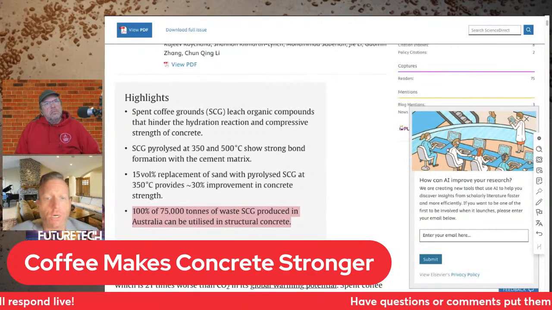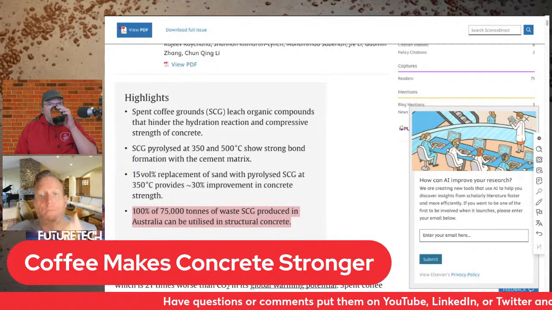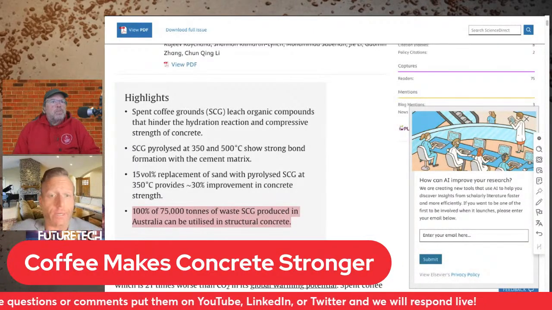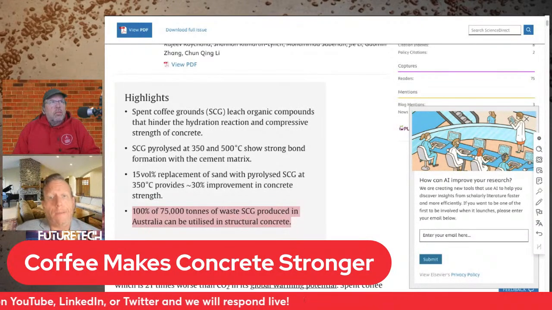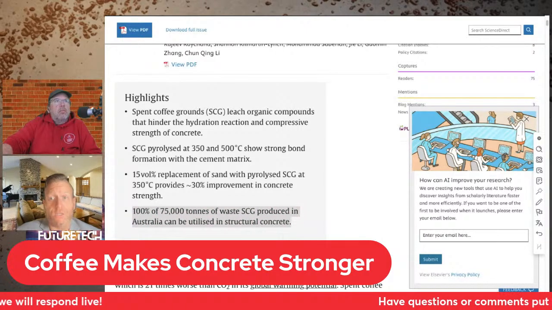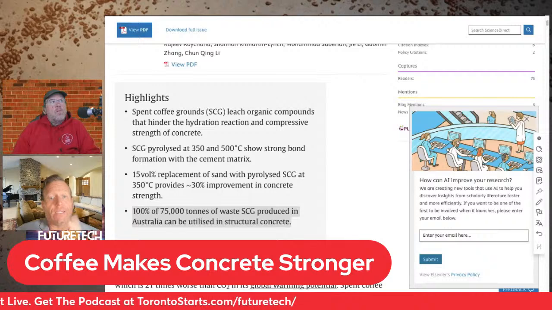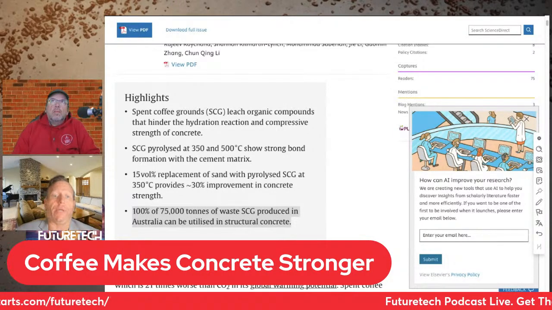And the biochar also acts as a filler material that can reduce the porosity and voids within the concrete itself. Now, we're not talking self-healing, we're just talking strength here. The carbon in the biochar may form specific bonds with the calcium ions from cement, enhancing the bonds. And the coffee grounds themselves provide silica that can react with the cement minerals during hydration.